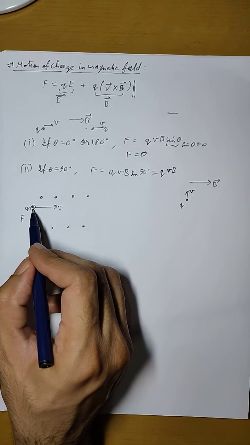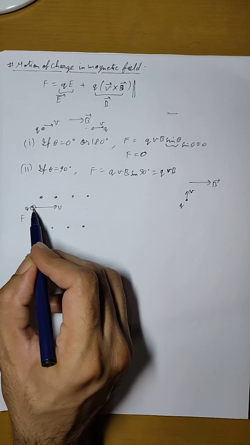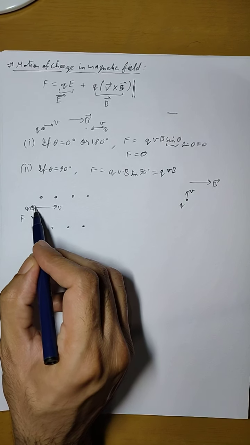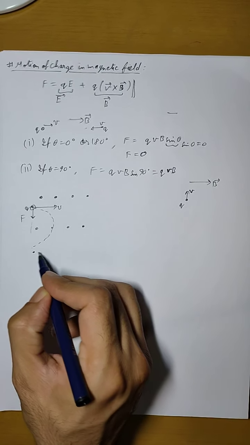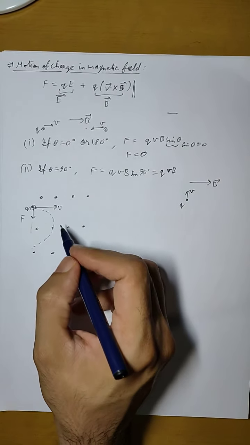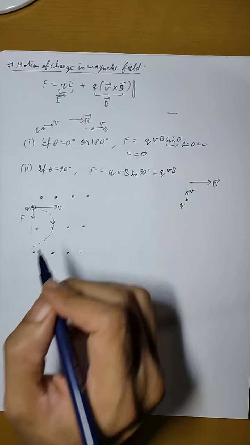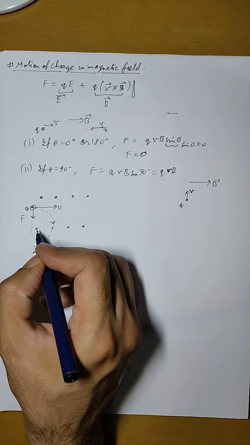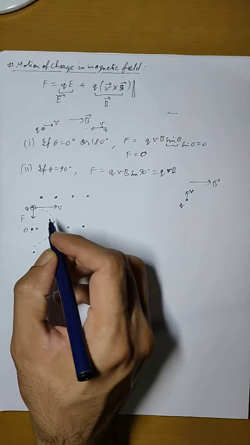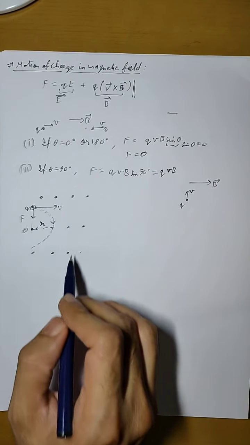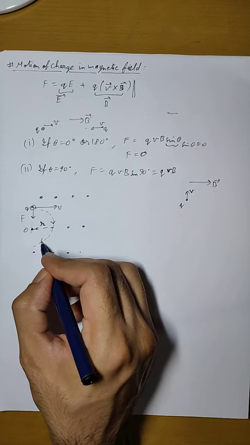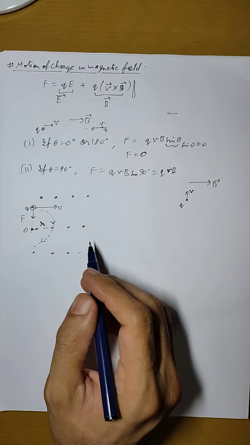So if the velocity is like this and a force is applied like this, the path of the charged particle will be circular, and let us say that this is the center of this circular path and this is the radius, and the charged particle is moving like this. It will complete circles.